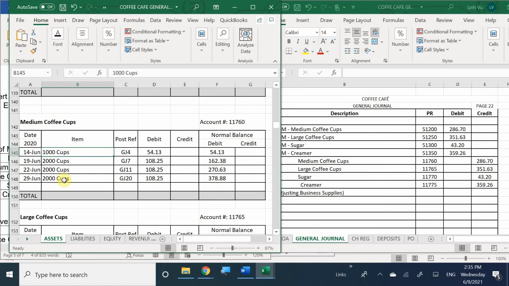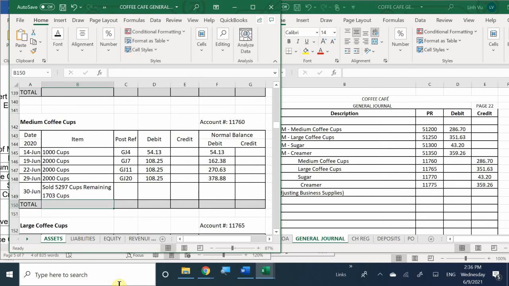So this is exactly why I need to make an adjustment, because I don't have 7,000 cups. I sold a total of 5,297 cups. So if you guys want to do the calculation, when you do your beginning balance, you know how many cups you have to start with for the next month. In this case, I'm going to indicate right here, 630. I sold 5,297 cups, remaining 1,703 cups.